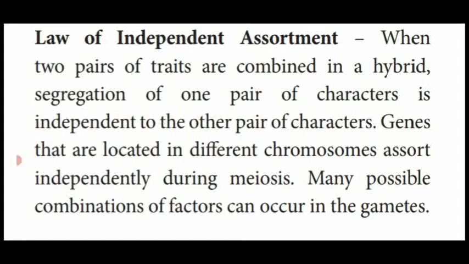Each and every character of a gene is expressed individually or independently at the time of meiotic cell division, so that all the possible combinations of factors can occur in the gametes. That is the law of independent assortment.